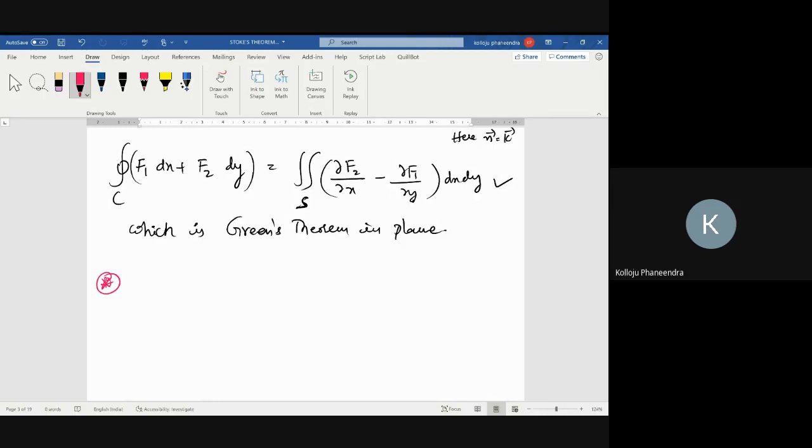The problem is simple. Take this. Verify Stokes theorem. Whenever verify is given, you have to prove that the LHS value equals the RHS value of Stokes theorem.